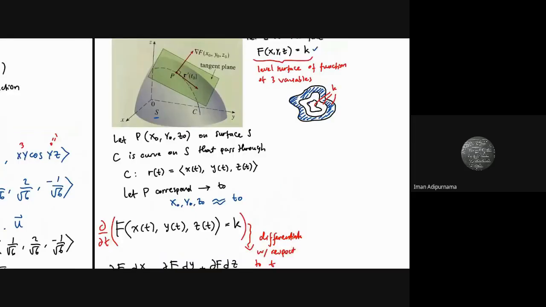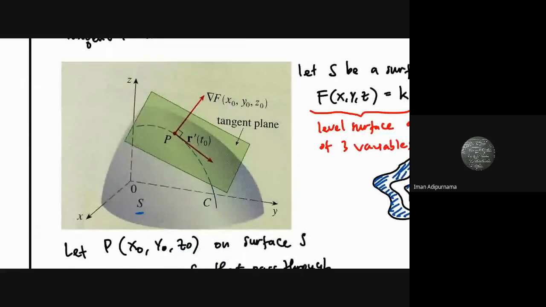So when we look at the actual picture, we can see that this is true, that it is orthogonal, right? This is the gradient vector. This is the r prime, or we can just say that that's the tangent vector, right?